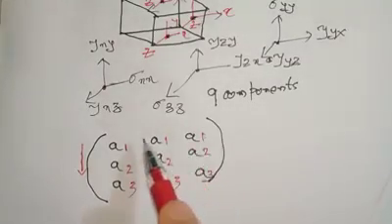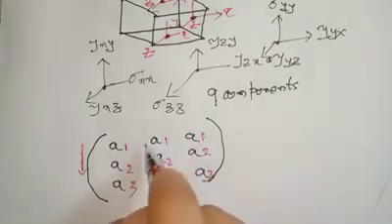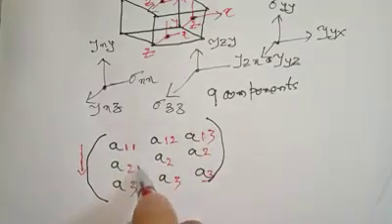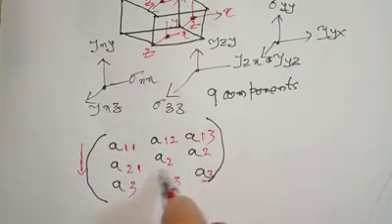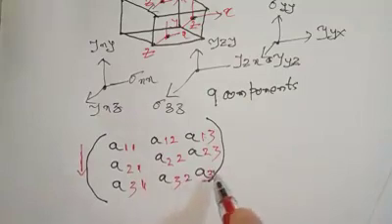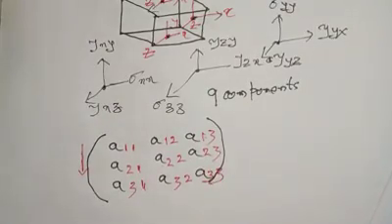The second component goes in this direction, so we write 1, 2, 3, 1, 2, 3, 1, 2, 3. And this completes our matrix.